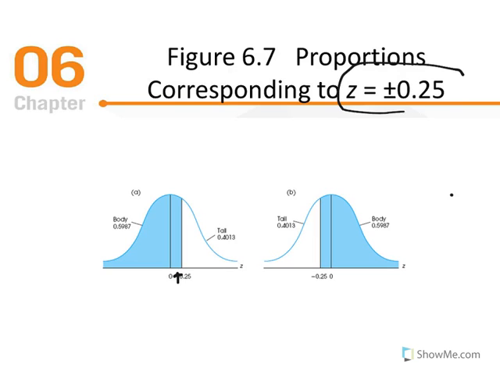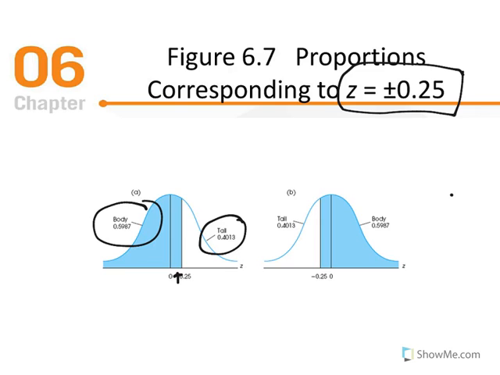And in fact, here they're telling us we're working with a positive and negative z-score of 0.25. Anything to the right is going to be positive. And this particular slide demonstrates that if we're talking about a z-score above the mean, it's positive, and we would have the area of the tail here in white, and the body is always the larger area.